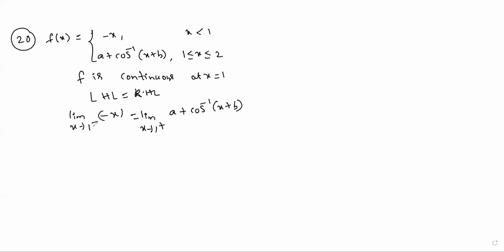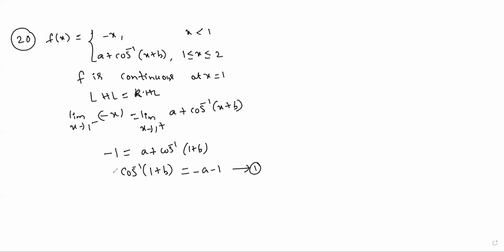Substituting x value 1, the total is minus 1 equal to a plus cos inverse of (1 plus b). From this, by interchanging, minus a to the same side, you will get cos inverse of (1 plus b) is equal to minus a minus 1. Take this as equation number 1.